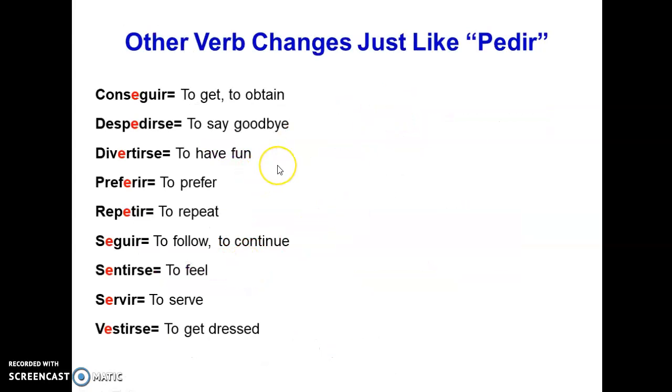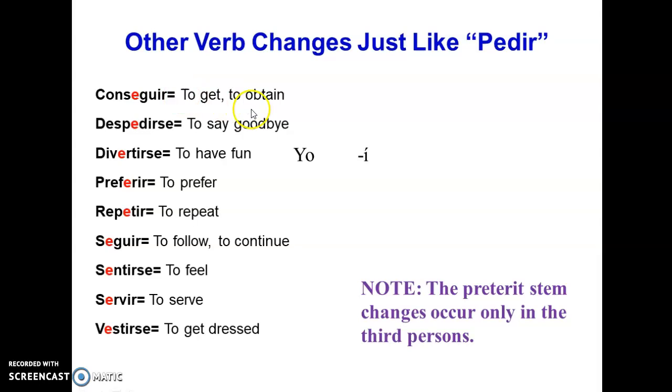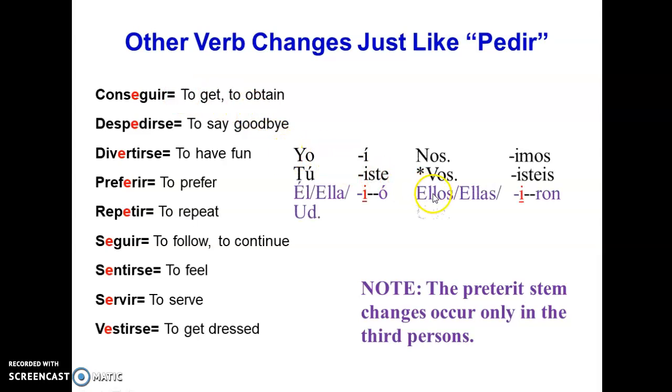Other verbs that also have the same structure as pedir are these verbs: conseguir, despedirse, divertirse, preferir, repetir, seguir, sentirse, servir, vestirse. And so these verbs, like I show here, that's where they suffer this change, from e to i. Let me show you those conjugations.